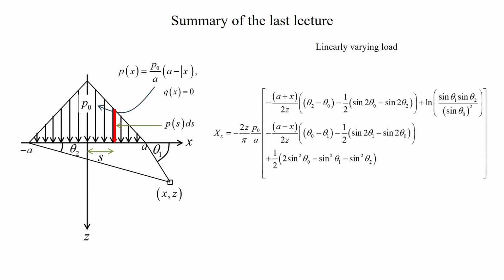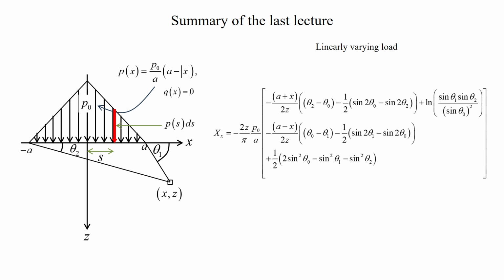In the last lecture, we discussed this linearly varying normal load on an elastic half space, where the pressure P x varies as P 0 by A into A minus mod x, and the shear load is equal to 0.